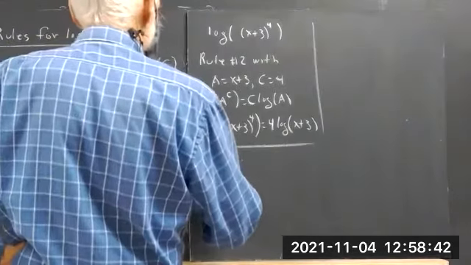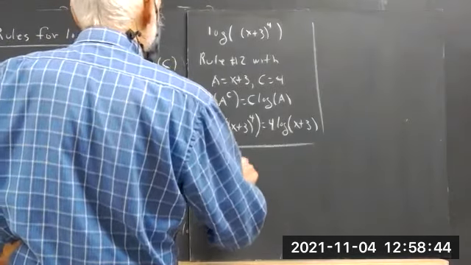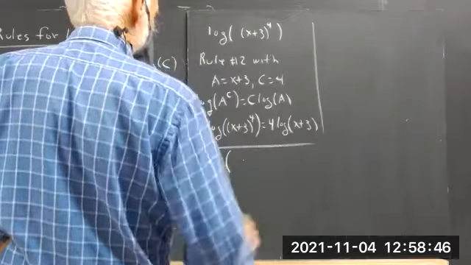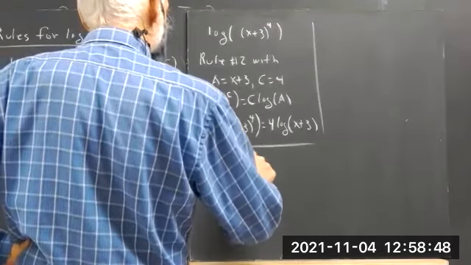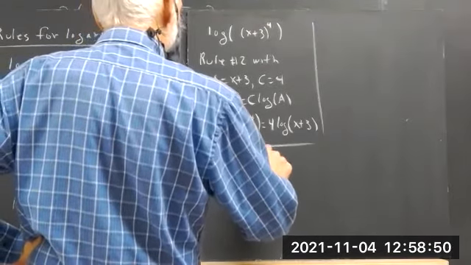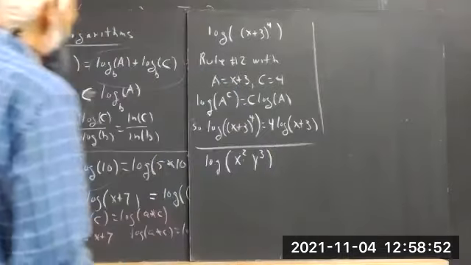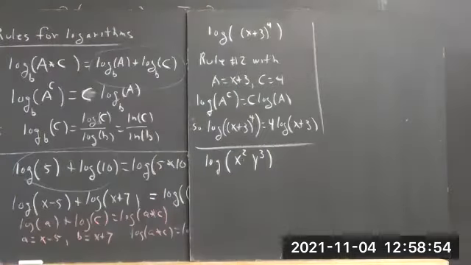Well, let's try another one. Let's try the log of x squared y cubed. And I'll give you a hint. You're going to have to use 2 of the rules. But just start by using the one you think is most straightforward.